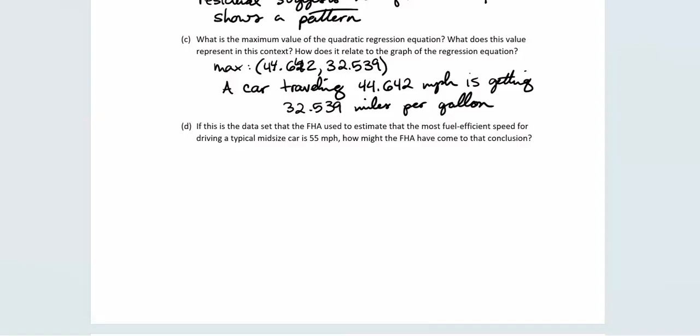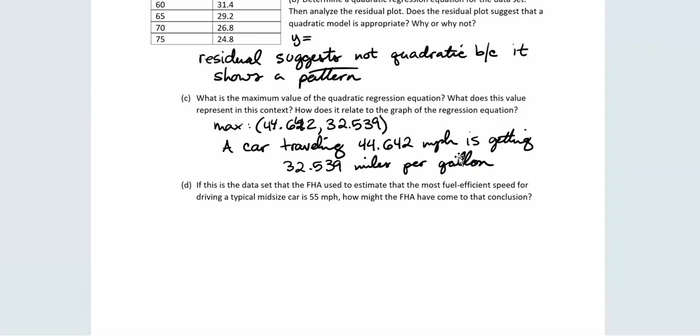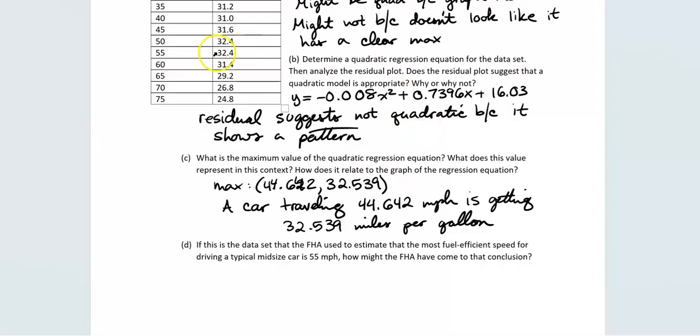So it's pretty interesting. And then, if this is the data set that the FHA used to estimate that the most fuel efficient speed for driving a mid-sized car is 55 miles per hour, how did they come to that conclusion? Well, if we look at the 55 miles per hour range, based on the information here, 32.4 is the best mileage that we're going to get, just from the data, maybe not from the regression, but from the actual data.